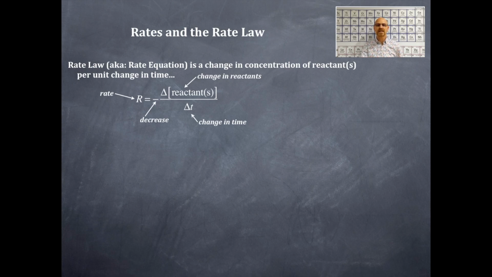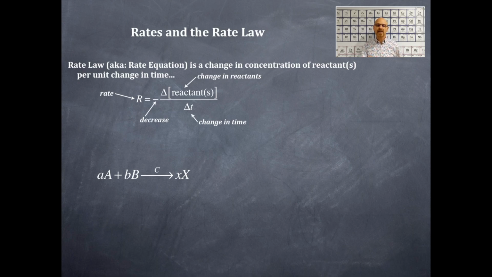That should make sense because the reactants are on the left-hand side. That's what you're starting off with, and over time you're producing products. You're increasing the concentration of products, but the reactants are decreasing over time. So that's why that negative sign is there in the front, to let you know that it's a decrease in the reactants.